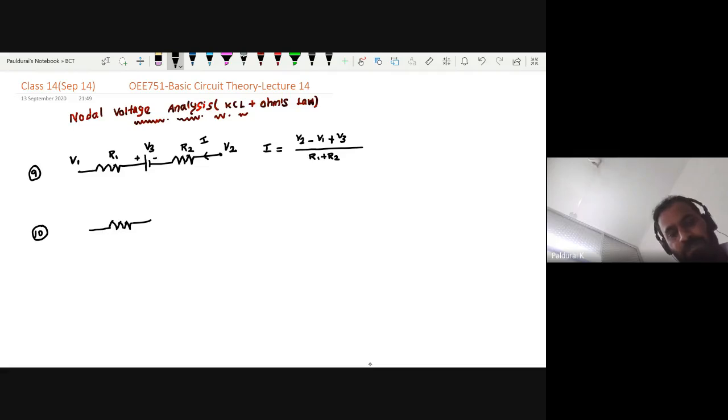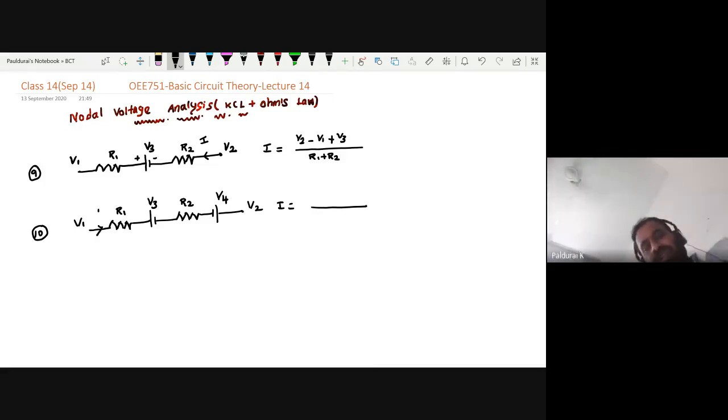Take this case. This we never get, but anyhow, just for your reference. V1, V2, V3, V4, R1, R2. Now what is the formula for I? Anyone? And the current direction, this time, is left to right.